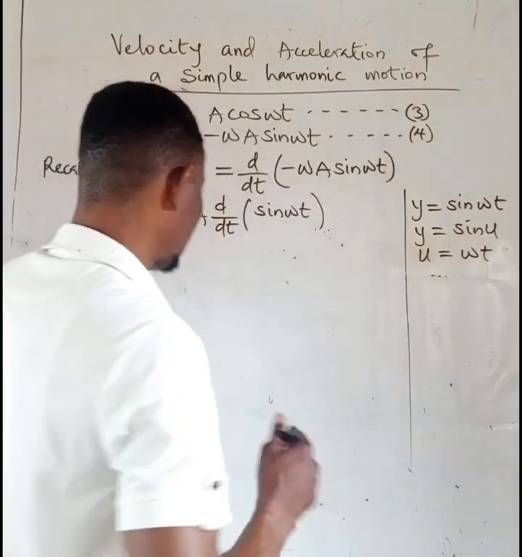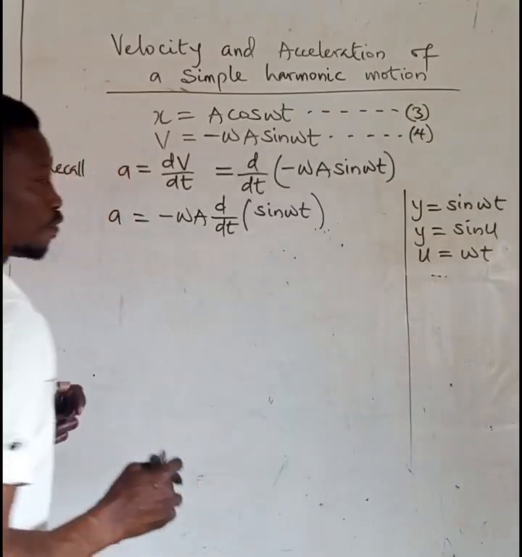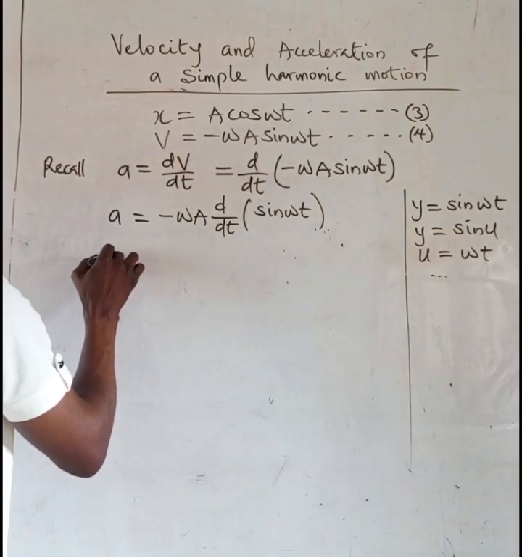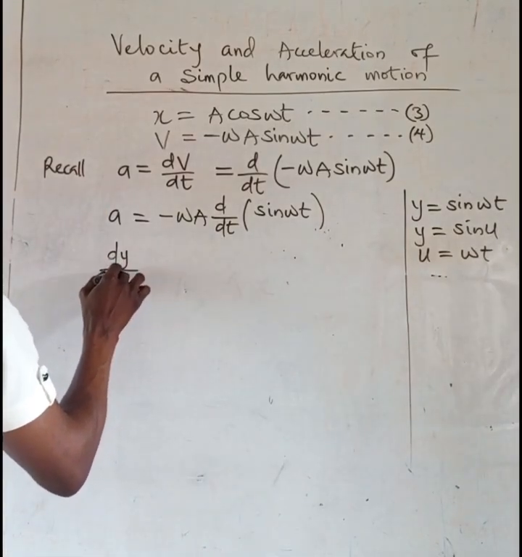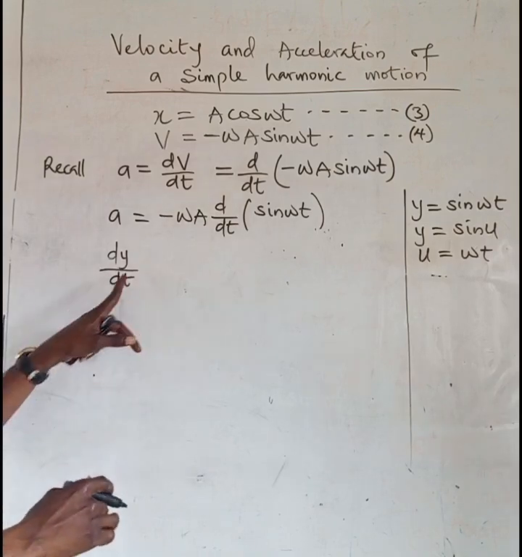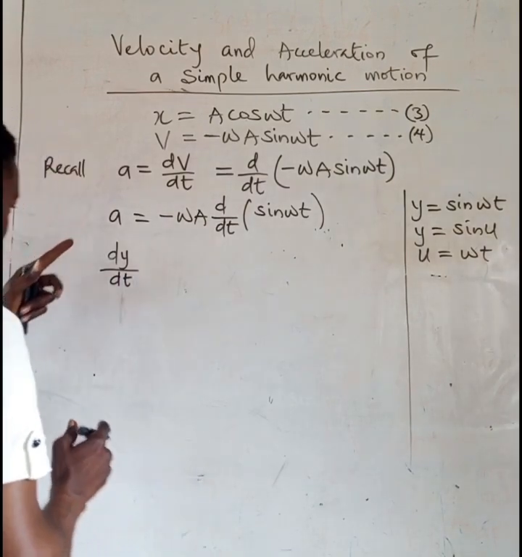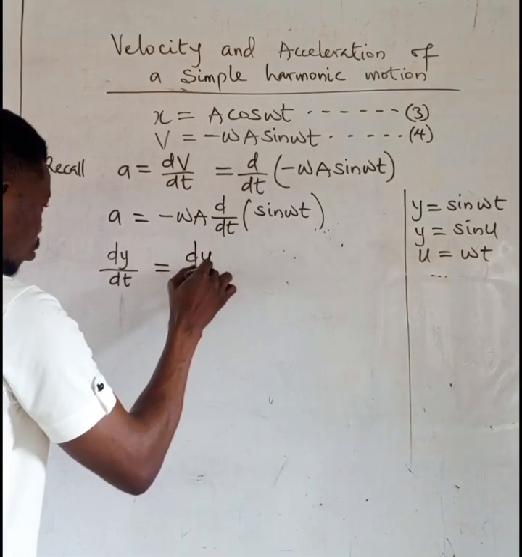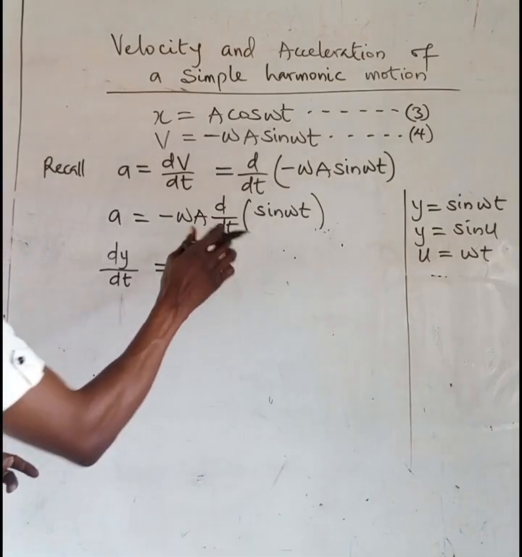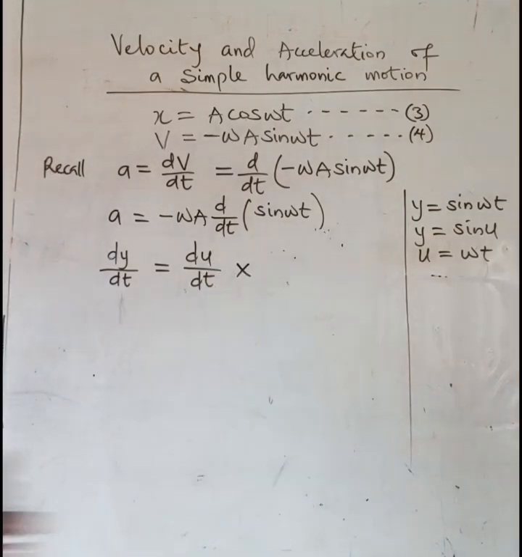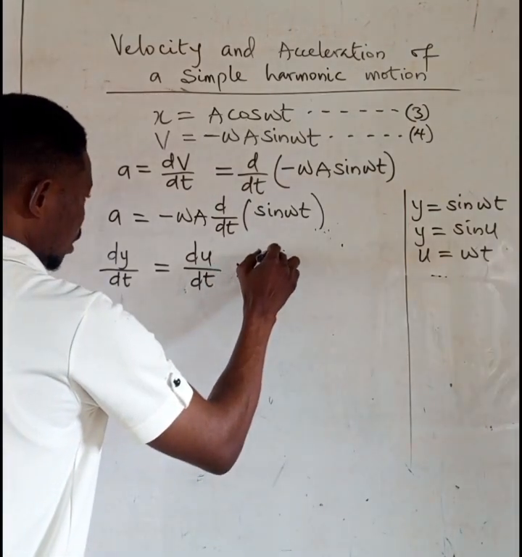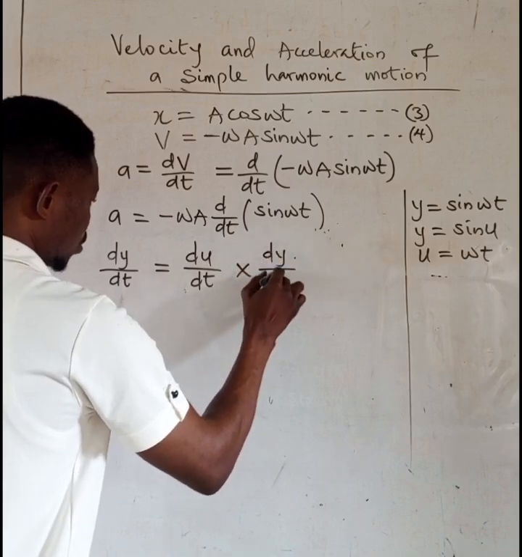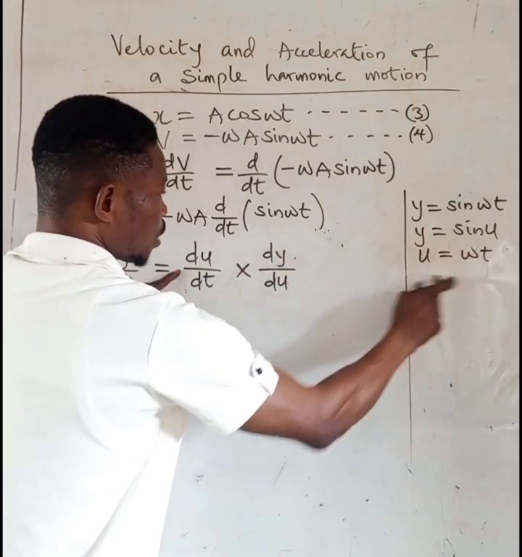Like I said previously, if you want to differentiate a function of a function, you use the chain rule. What does the chain rule say? It says dy/dt, we're not using x, so we're using t, is equal to du/dt, that is differentiate u with respect to t, multiplied by what you obtain when you differentiate y with respect to u. U is equal to omega t.